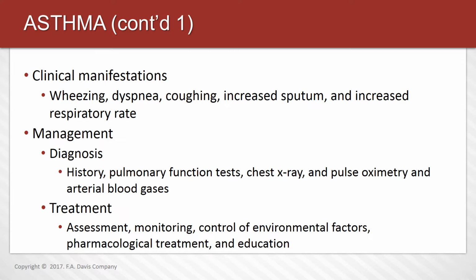All right. Are there some complications that we should be aware of? Absolutely. One of the complications of asthma is status asthmaticus. This is a life-threatening emergency requiring prompt treatment. This person is having an asthma attack that is prolonged. For treatment, we're going to give them oxygen, IV fluid, systemic bronchodilators, and steroids.